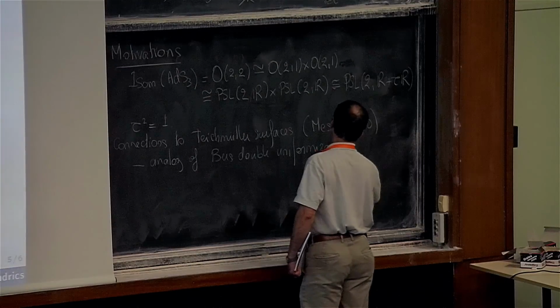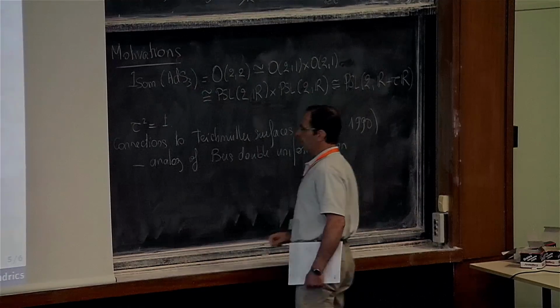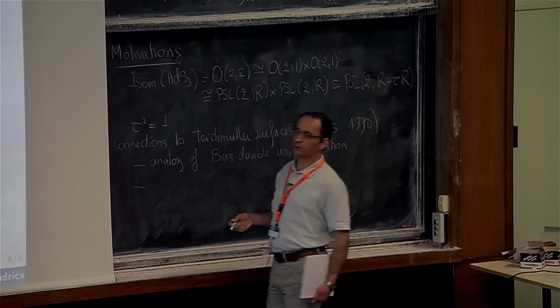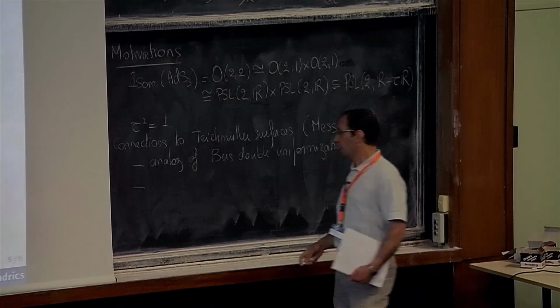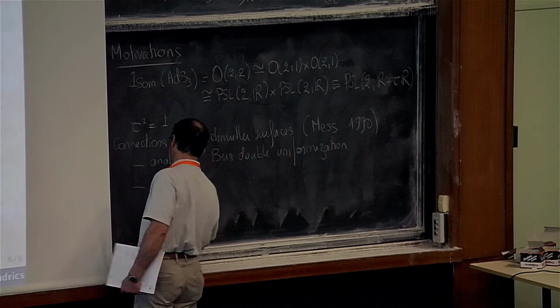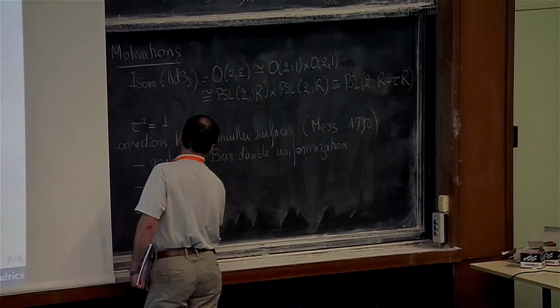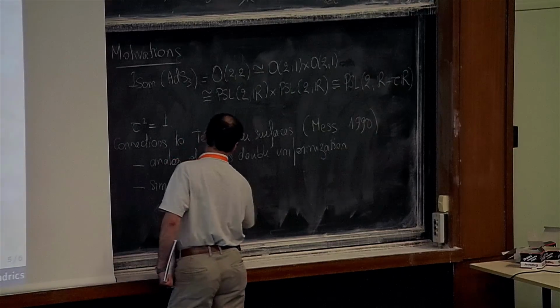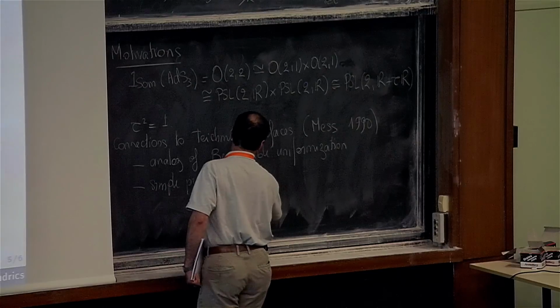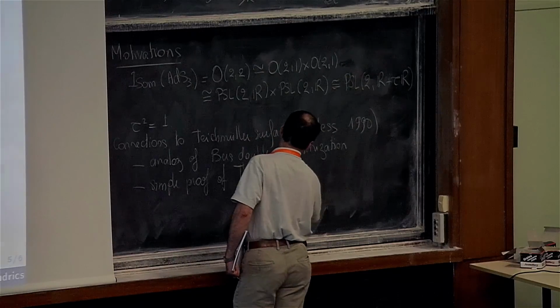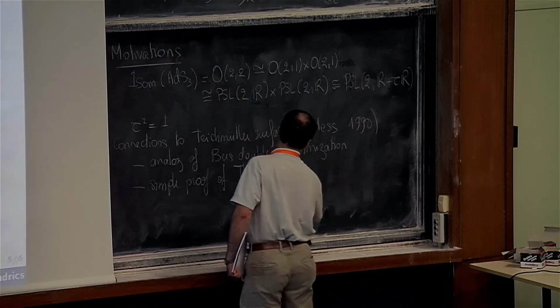I'm not going to tell you exactly what his statement is, but he connected this to earthquakes on hyperbolic surfaces. And he gave a very simple and nice proof of Thurston's earthquake theorem.